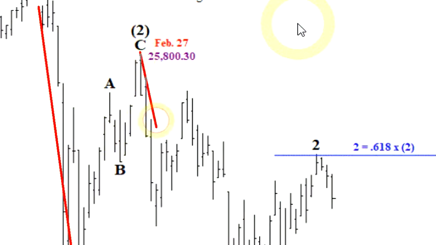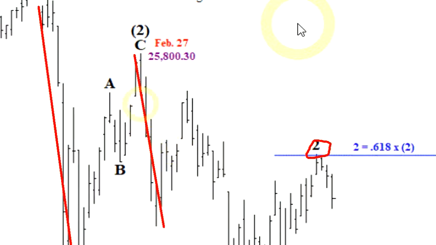Then we had another down move, but not as big, and that's because this move is one less degree of trend. But then we had an A, B, C flat for the next degree 2.